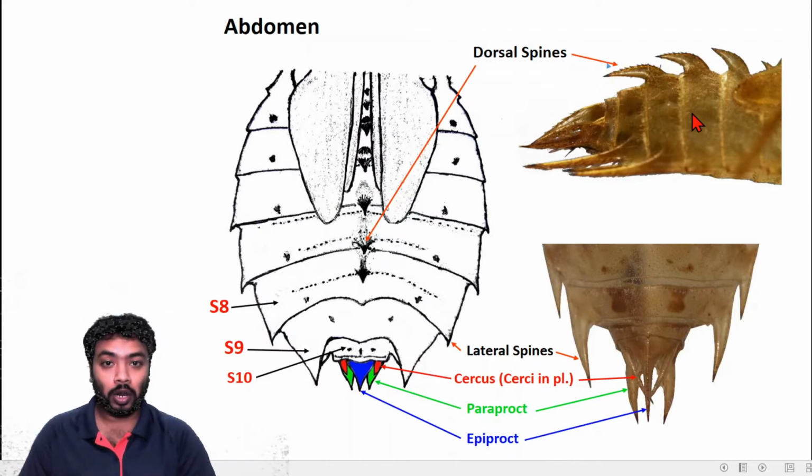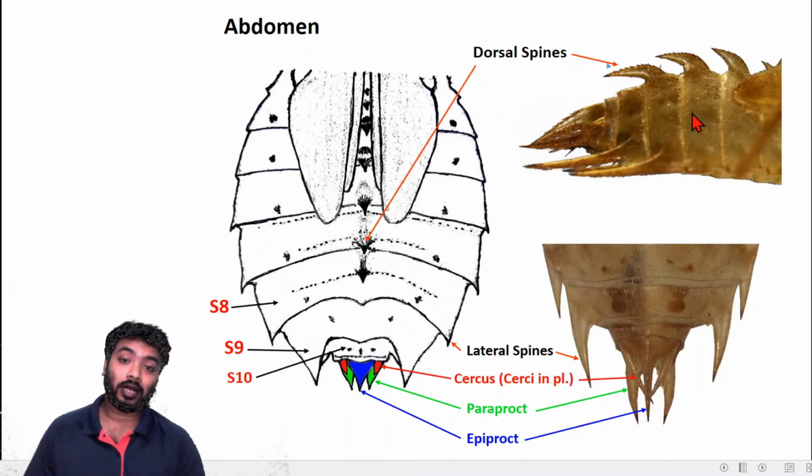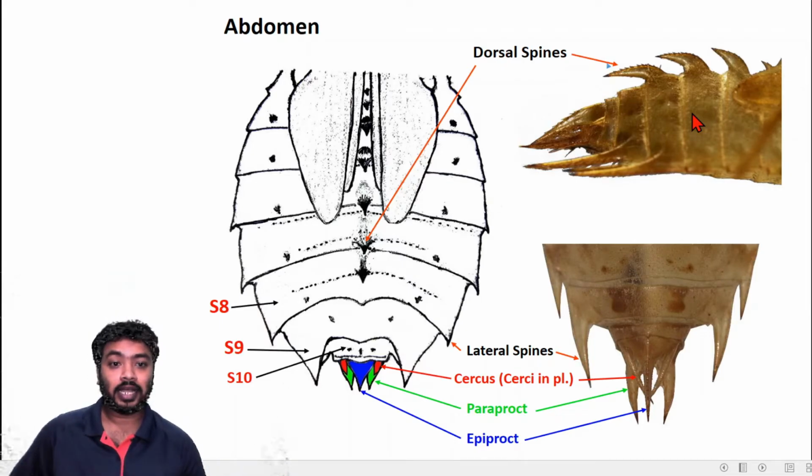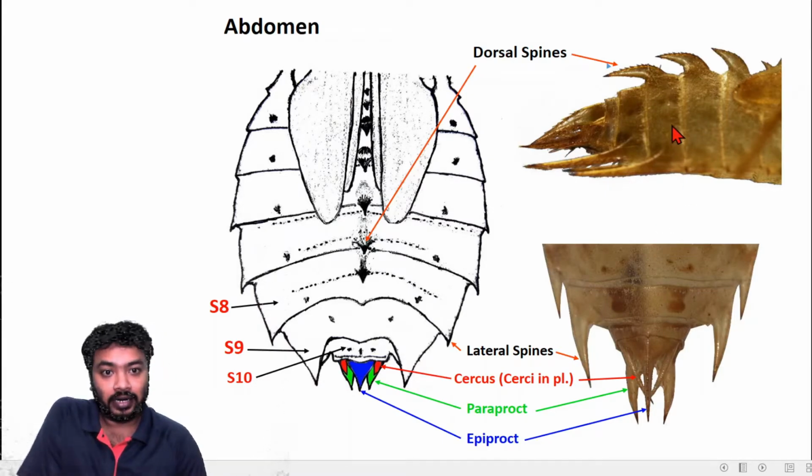Some may have small ones, and some species don't have dorsal spines at all, like this species here. See, there is no dorsal spine. So the presence of the dorsal spine, the size of the dorsal spine, and the number of abdominal segments having dorsal spines is very important.